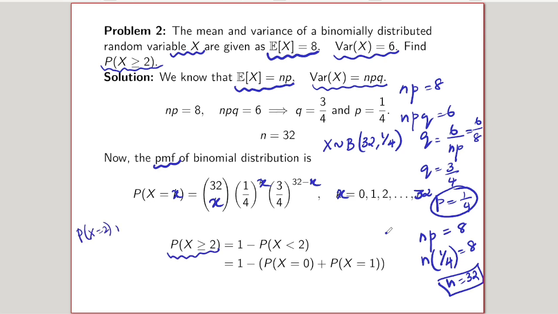x is equal to 2, plus probability of x is equal to 3, plus probability of x is equal to 4, up to the last n value, which is x is equal to 32, which will be a very tedious process. So what we are going to do is subtracting probability of x less than 2 from 1, because we know that the total probability will be 1. We can use this property, and for x less than 2 we are having only two values, which is x is equal to 0 and x is equal to 1.